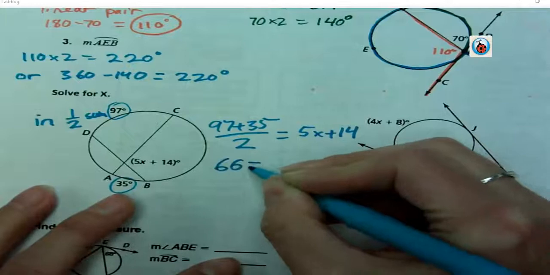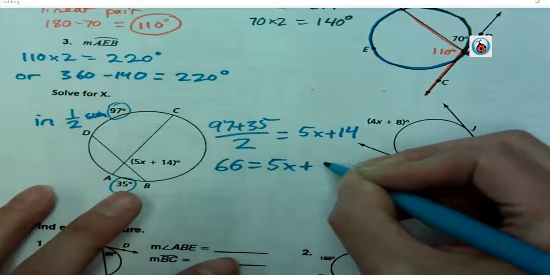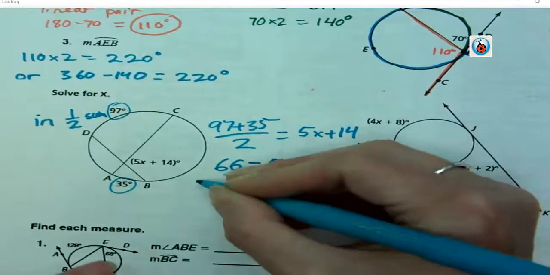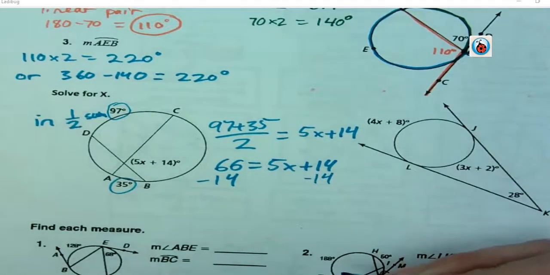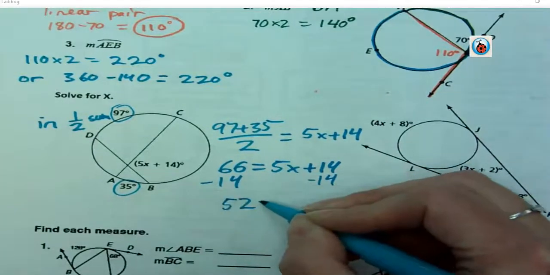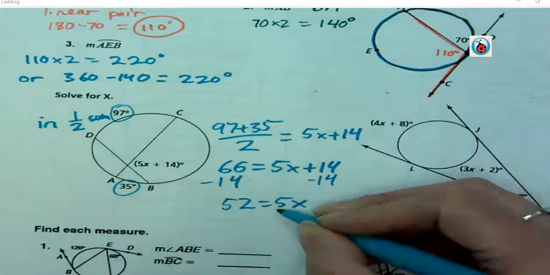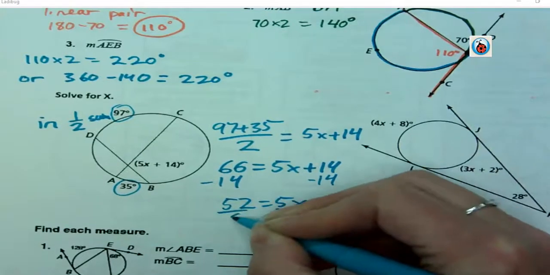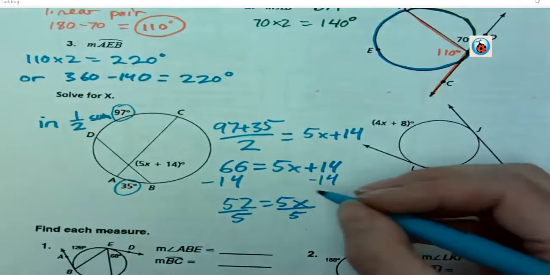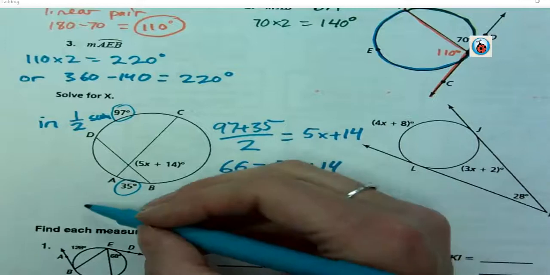So I have 66 equals 5x plus 14. And then I solve. Subtract 14. 52 equals 5x. Divide by 5. Which is going to give me 10.4.